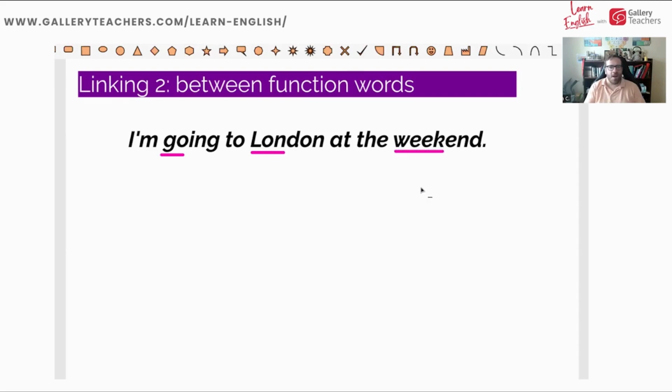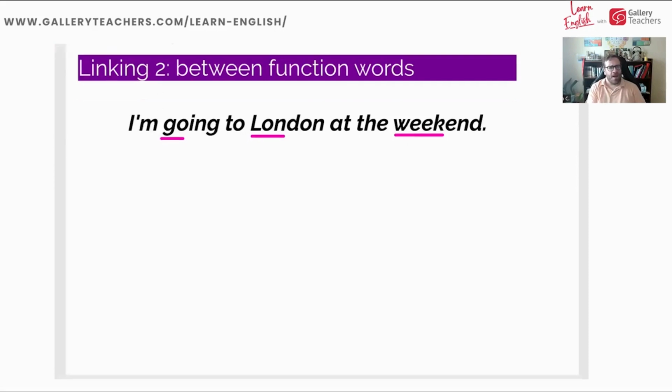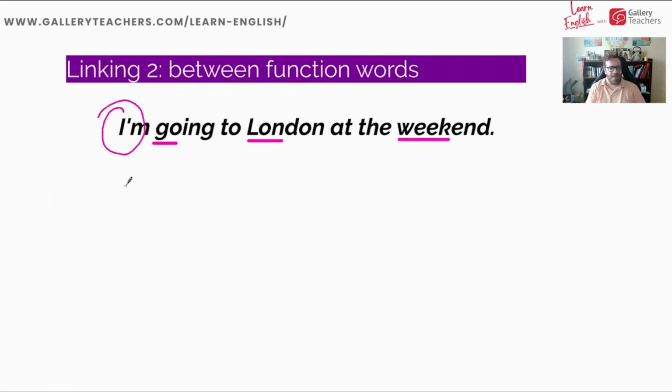Okay. So in a basic sense, we've got here three content words: going, London, weekend. And we are going to stress these much more than the other words. This is interesting. What type of word is I? You might think that it's the subject of the sentence, it's a pronoun.